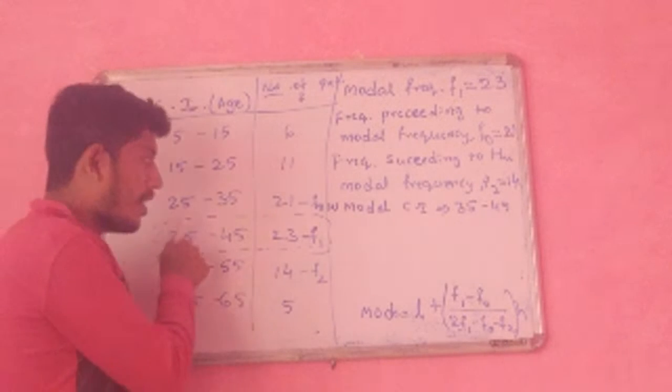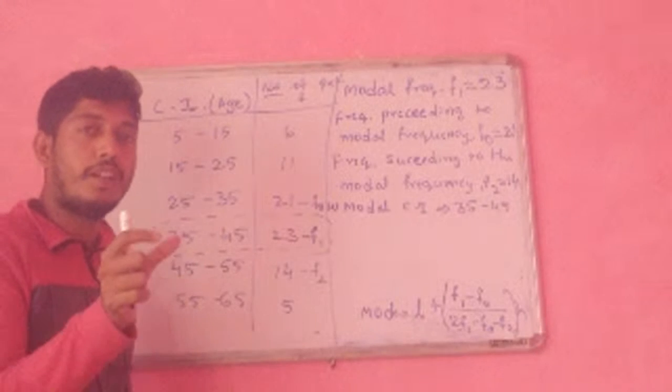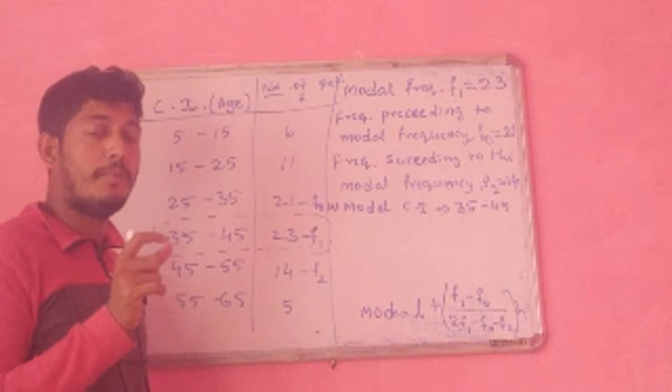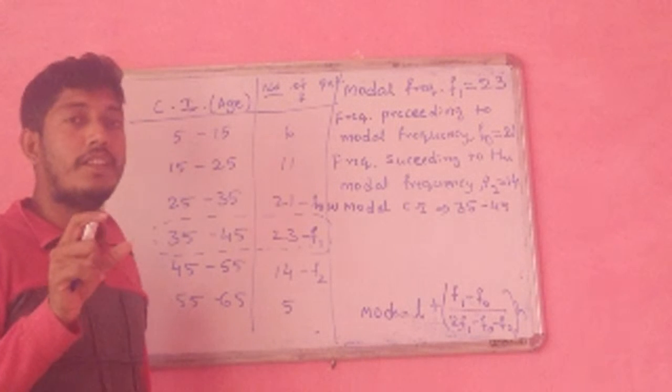Now in this modal class interval, we have to consider the lower limit. So the lower real limit, small l, equals 35. 35 is the lowest value.